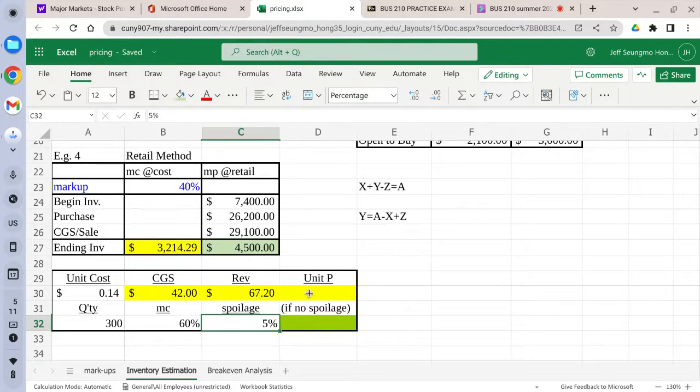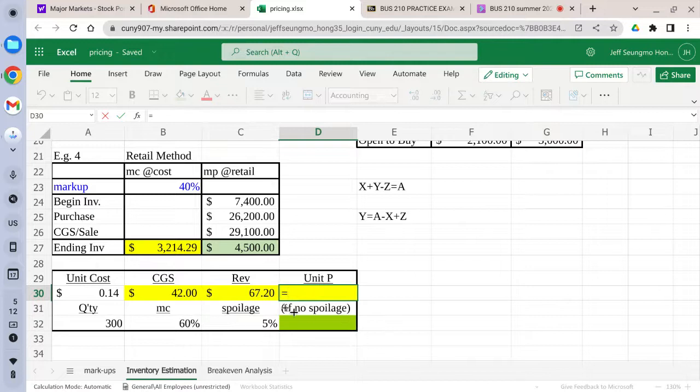Considering the spoilage, what should the unit price be? You want to compensate for the spoilage. Normally, unit price will be simply this divided by 300 pounds.